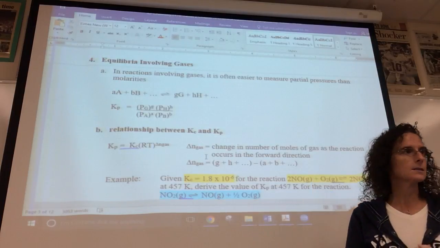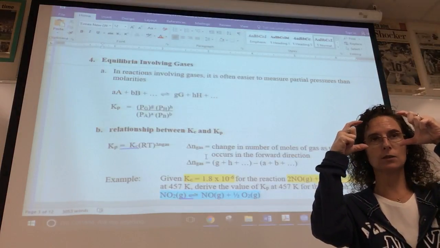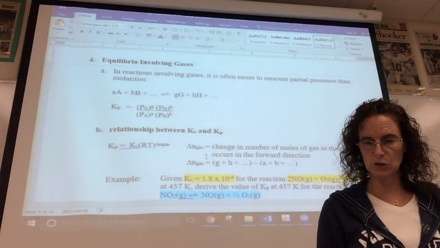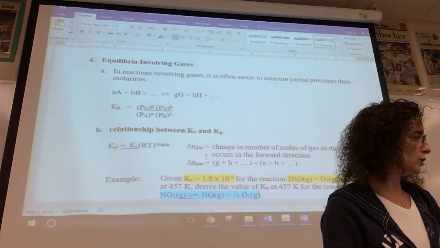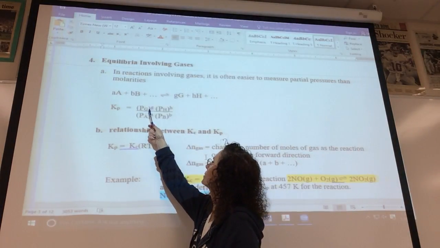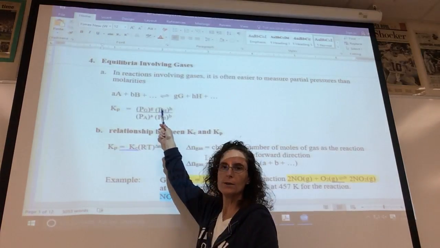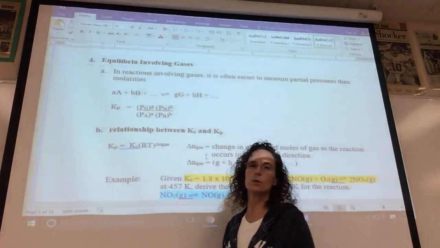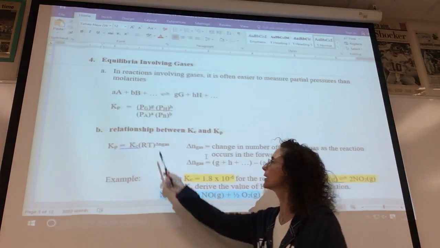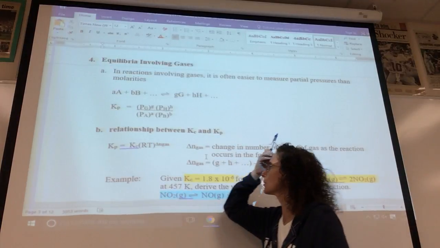Again, products on top, reactants on the bottom. And instead of using those concentration brackets, those square brackets, you're going to use parentheses where you have the partial pressure of gas G raised to the stoichiometric coefficient, partial pressure of gas H raised to its stoichiometric coefficient, partial pressure of gas A raised to its, etc.